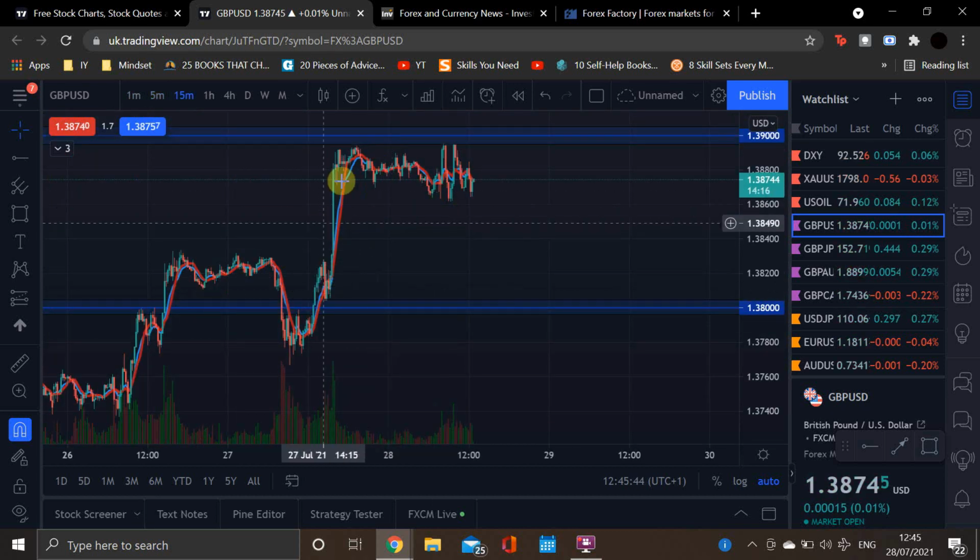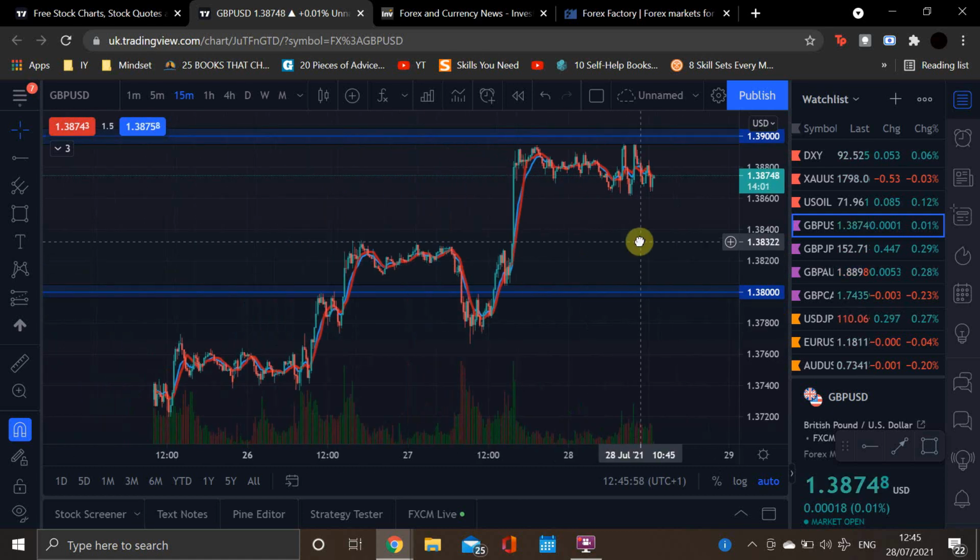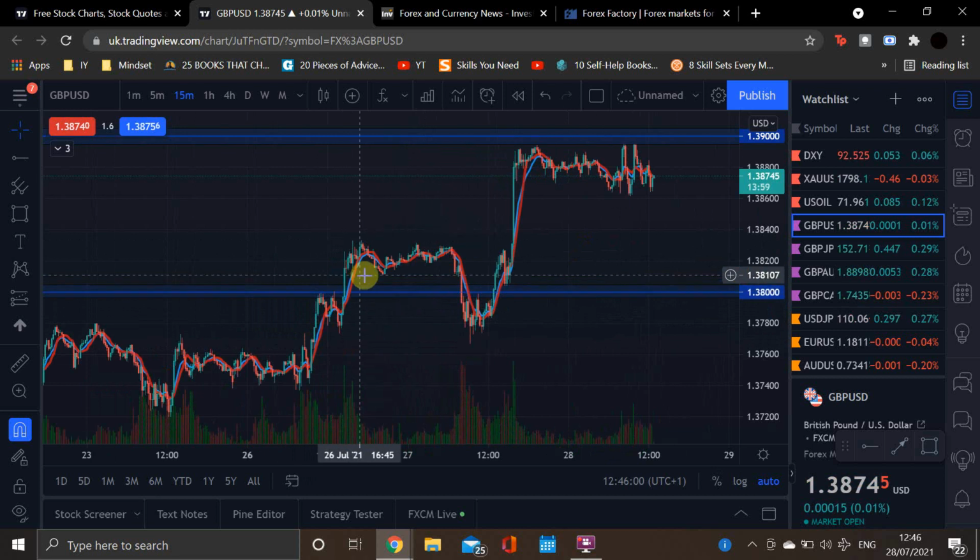Broke out, reached this level. Yeah, right now it's just a waiting game, to be honest, just to see what's gonna happen. I have to be careful because look how this broke out. It broke out and then it came back in.